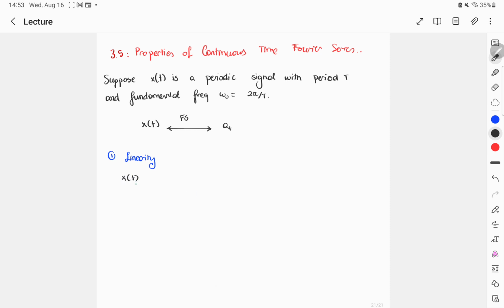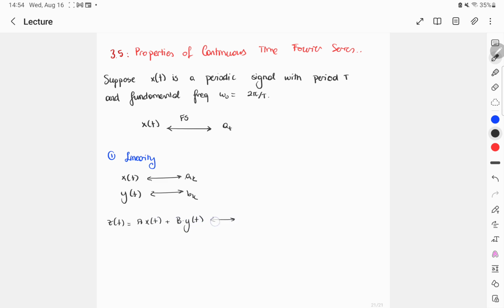If x(t) and y(t) are periodic signals, x(t) has a_k and y(t) has b_k as Fourier series coefficients, and we have the new signal z(t) equal to a times x(t) plus b times y(t).